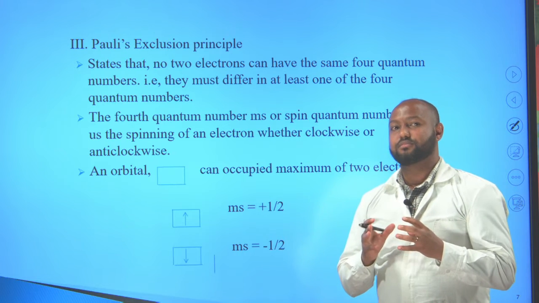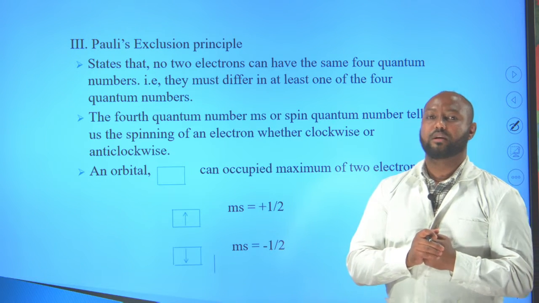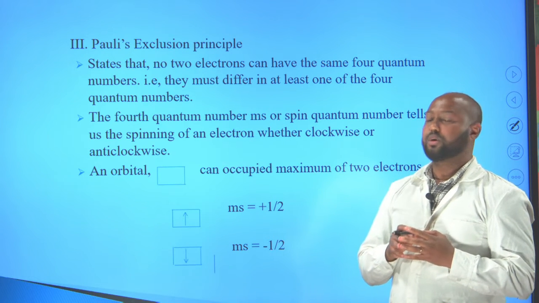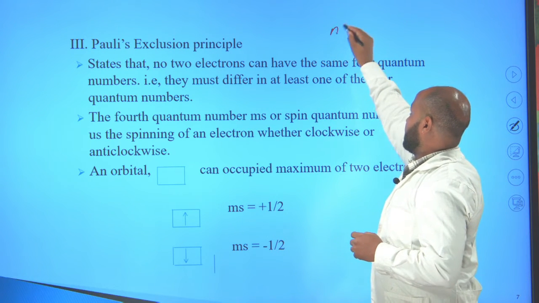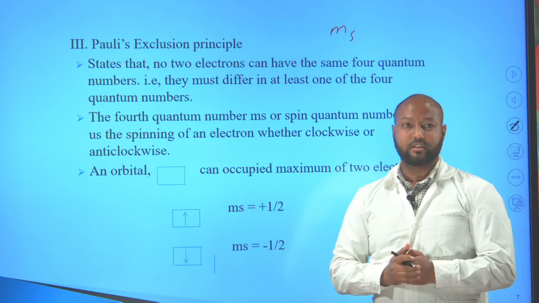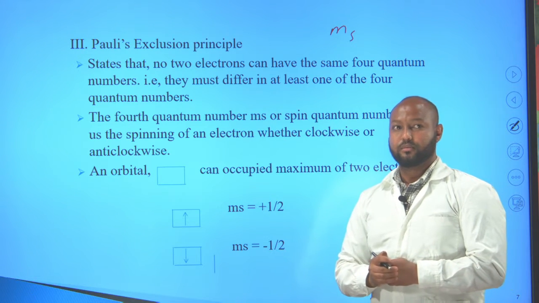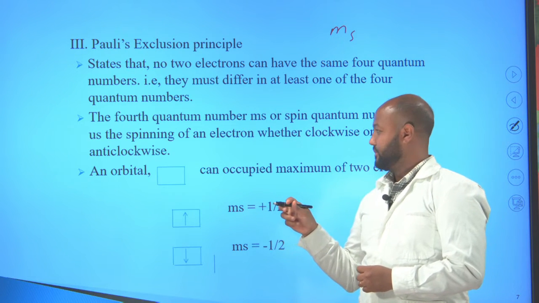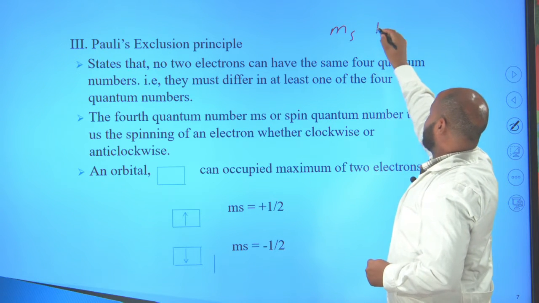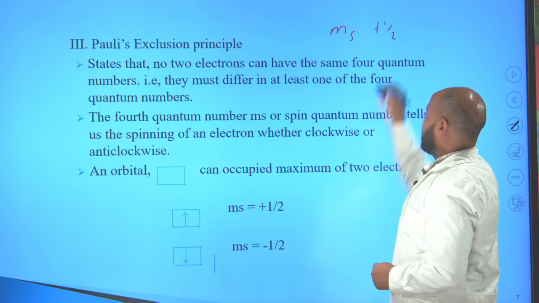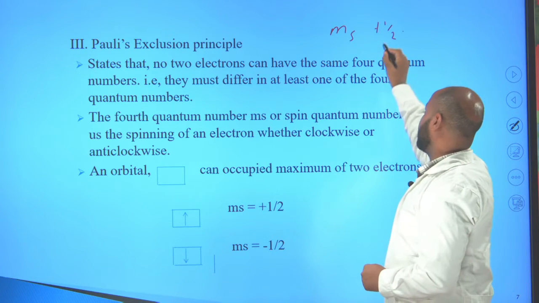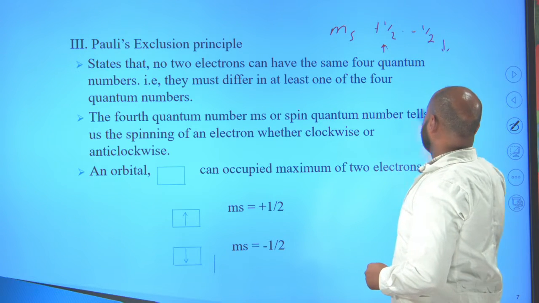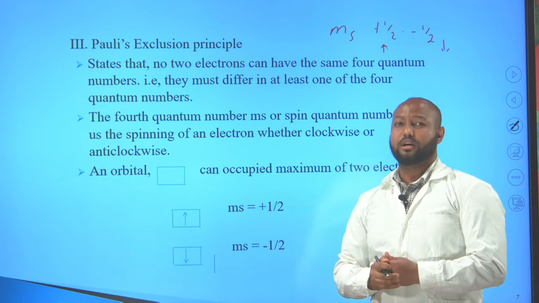Even if 3 of the quantum numbers are the same, the fourth quantum number, the spin quantum number, ms, must be different, because when there are 2 electrons in an orbital, one is upward, plus 1/2, clockwise direction, and the second one is downward, minus 1/2, anti-clockwise direction.